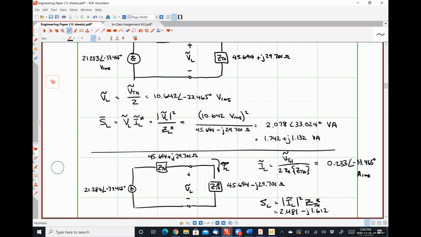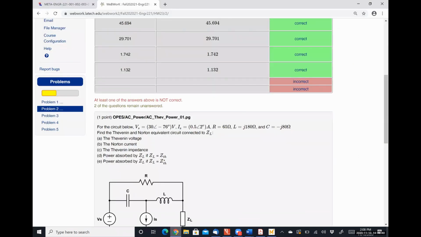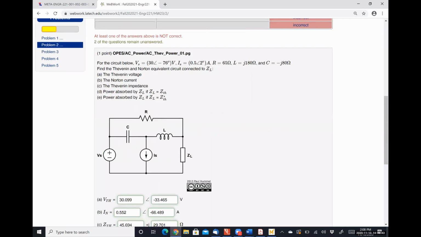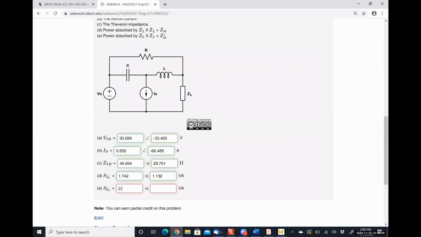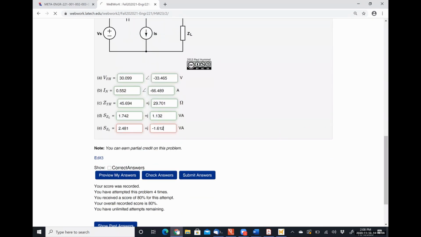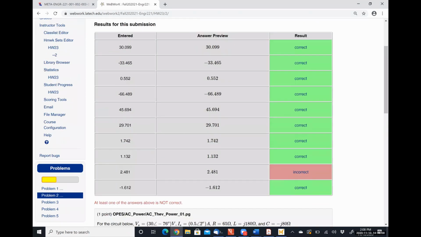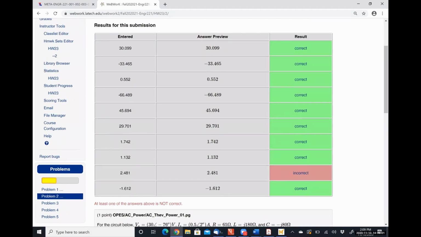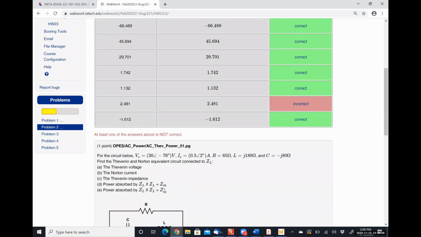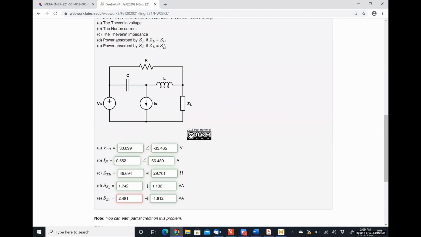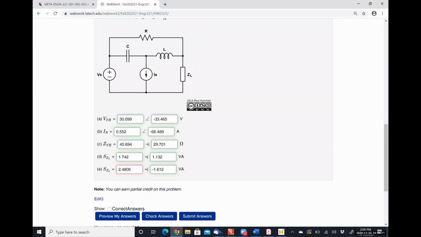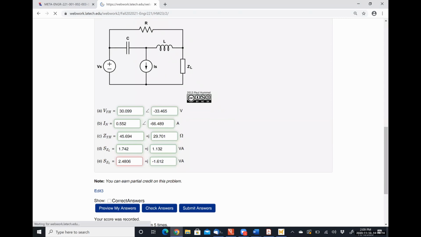So 2.481. So it's got to be rounding error here then. I couldn't have gotten the imaginary part right and not this. There we go. Yep.